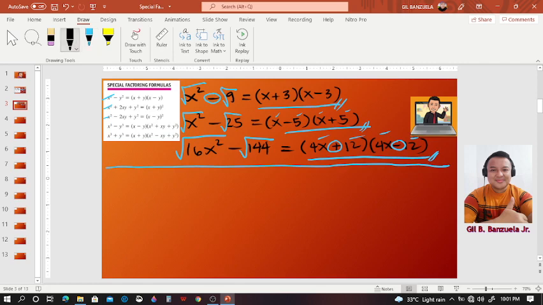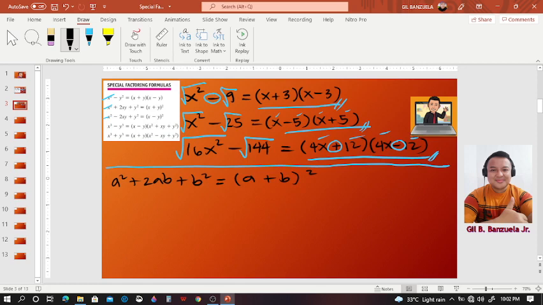If the given trinomial is a perfect square, it must be written in the form of a squared plus 2ab plus b squared. And the answer is always the square of a plus b.